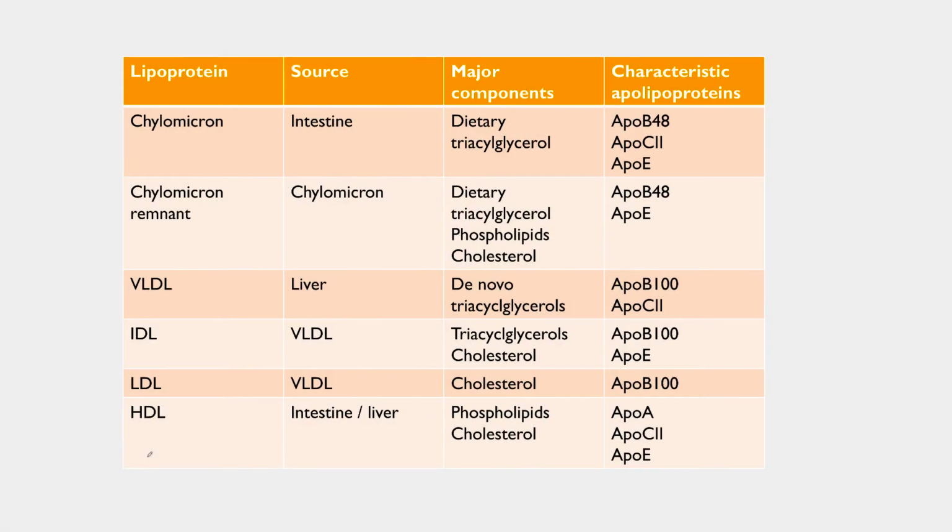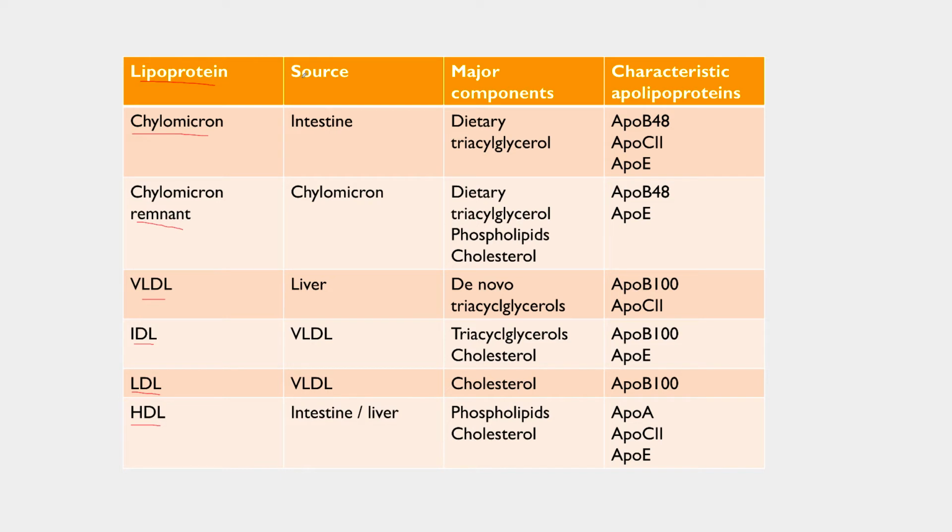So here is an abbreviated table from what is in your textbook, and this will help us focus on what's most important. These will be our lipoproteins that we're going to focus on: chylomicrons, chylomicron remnants, VLDLs, IDLs, LDLs, and HDLs.